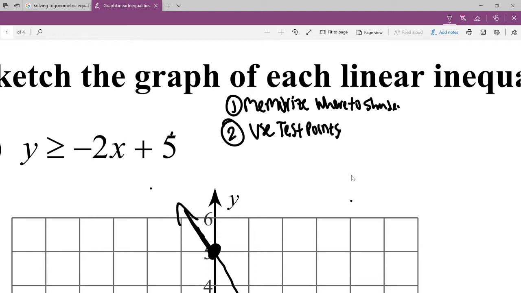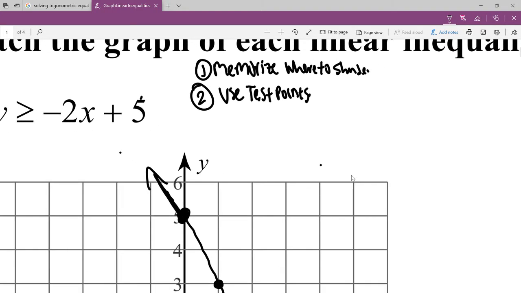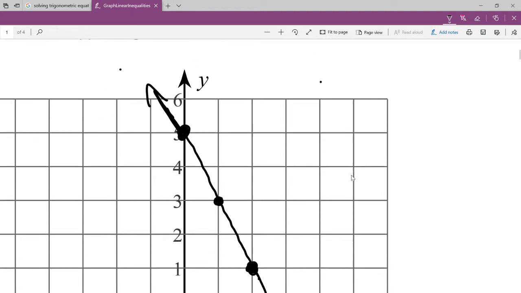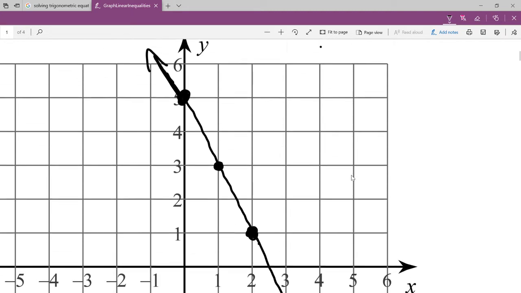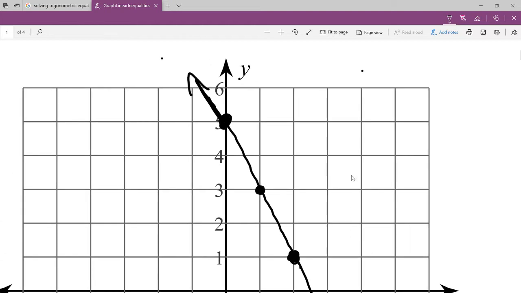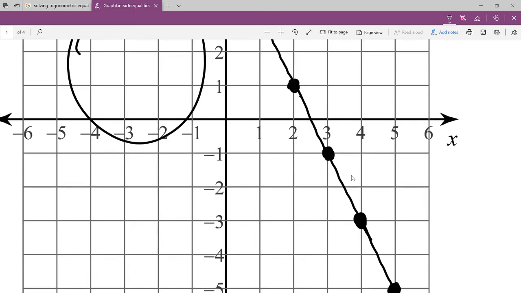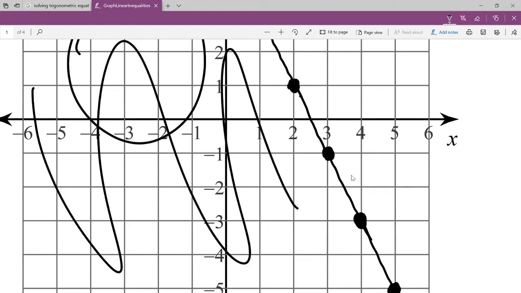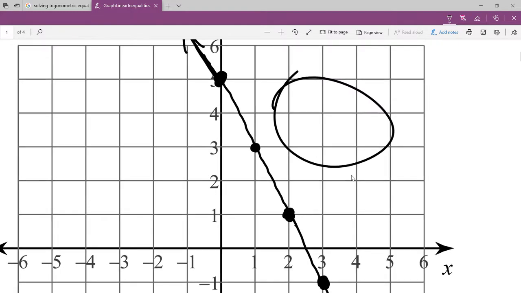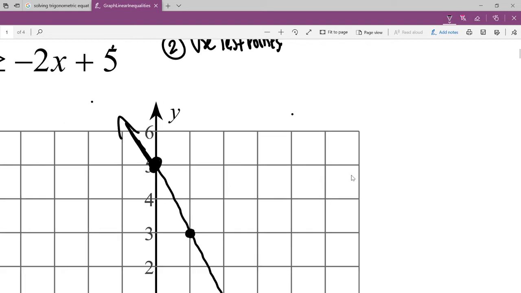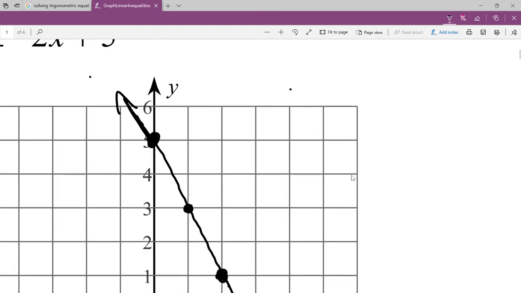So test points that are above this line, or any of this area right here.